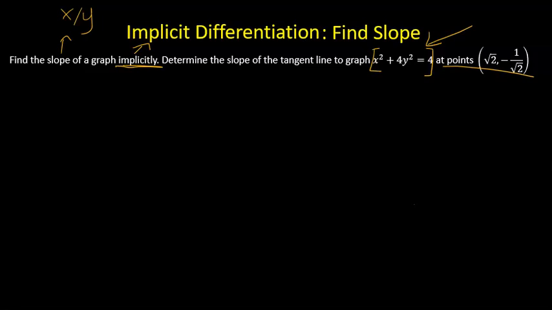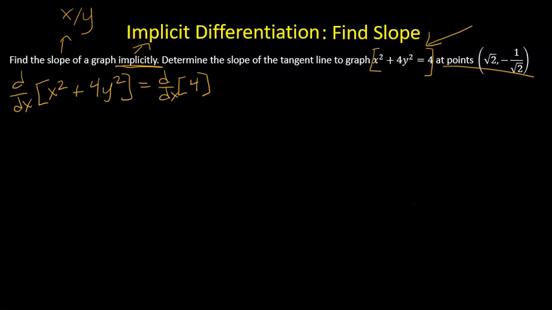So let's go ahead and set it up. Step 1 is we're going to do everything on the left side with the term d dx, and everything on the right side with d dx. And then every single term is going to get its own d dx. d dx of x squared plus 4y squared equals d dx of 4.